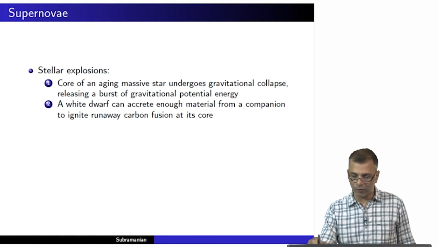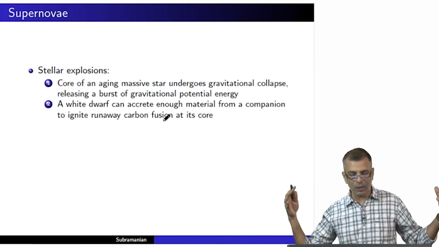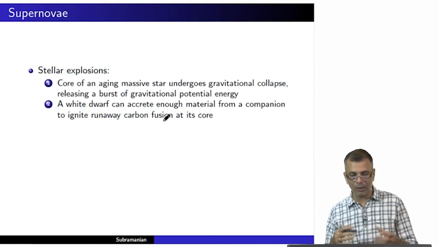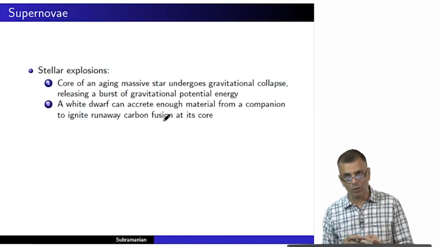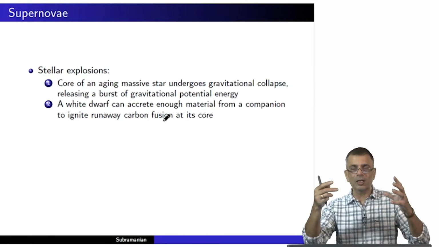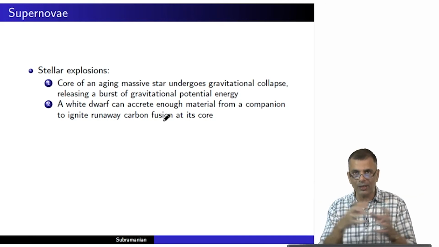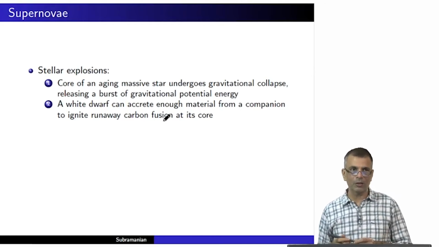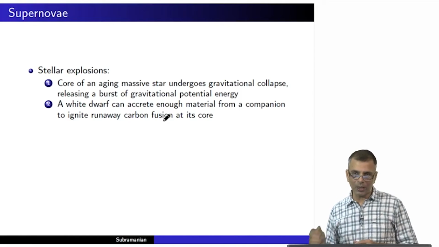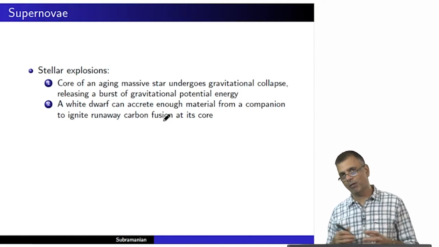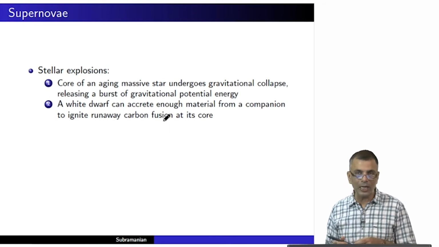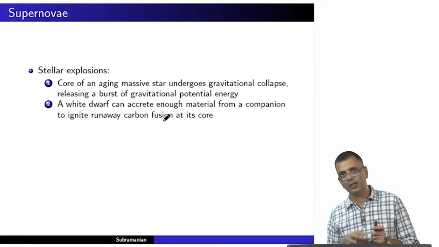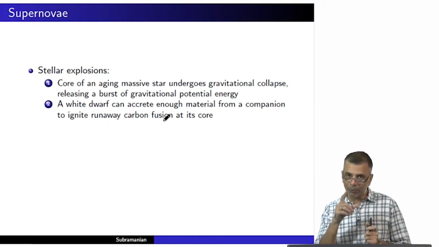For instance, a white dwarf can accrete enough material from a companion to ignite runaway carbon fusion at its core. So what happens is, once the core collapses beyond a certain critical density... During the main sequence of stellar evolution, like for instance our sun, what's happening in our sun right now is that hydrogen is being fused to produce helium. But that's because the density and temperature at the core of the sun are conducive only to that particular fusion reaction.